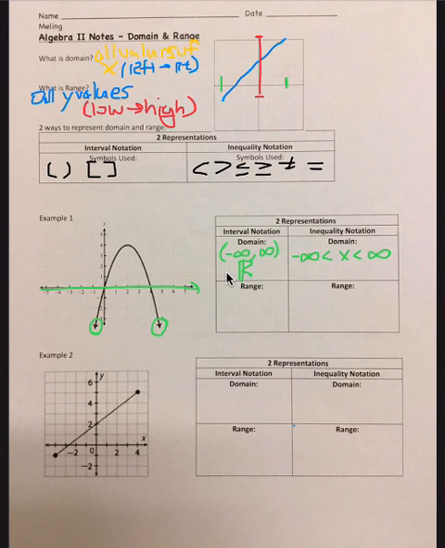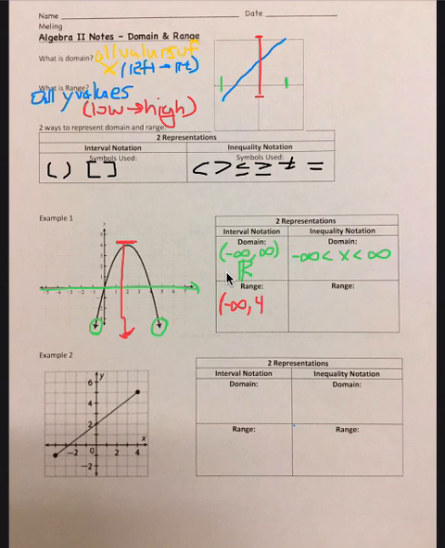And then if we were doing our range, we would start at the bottom, and we see because it's going down, it's going to keep going down, and it goes up right to there. So for our range, we start at the bottom, so we know it's going down to negative infinity. So it's open there. But then we can see it goes up and it stops at 4.